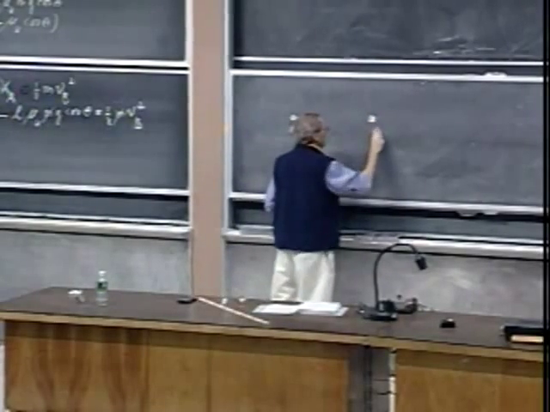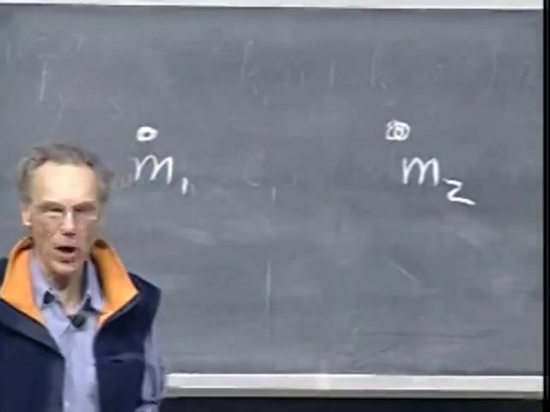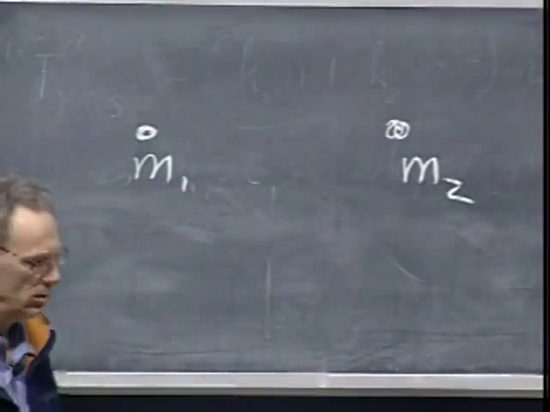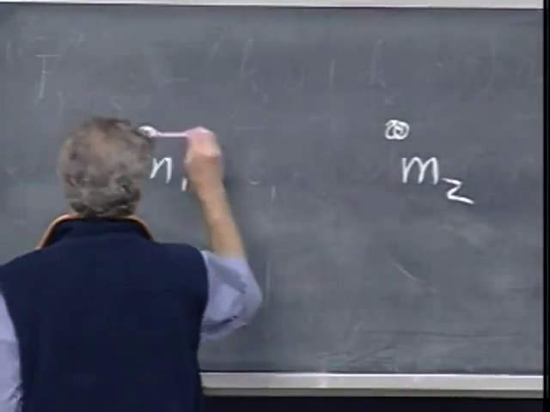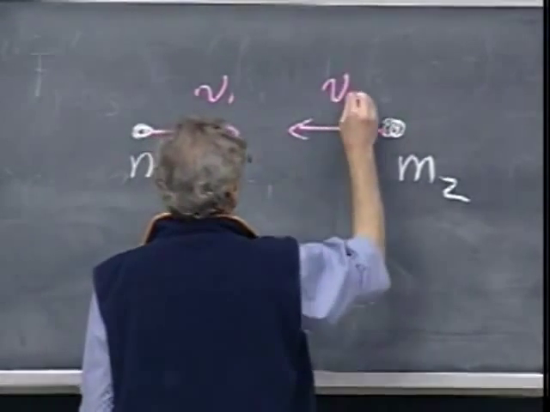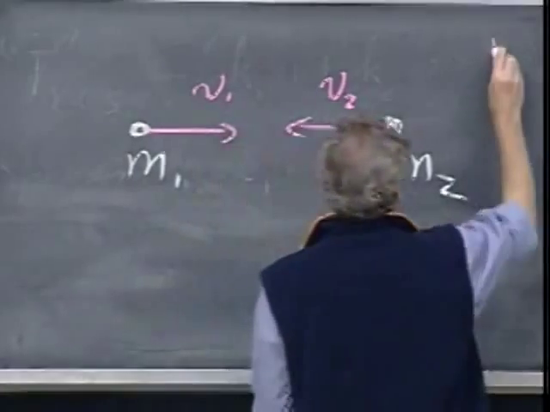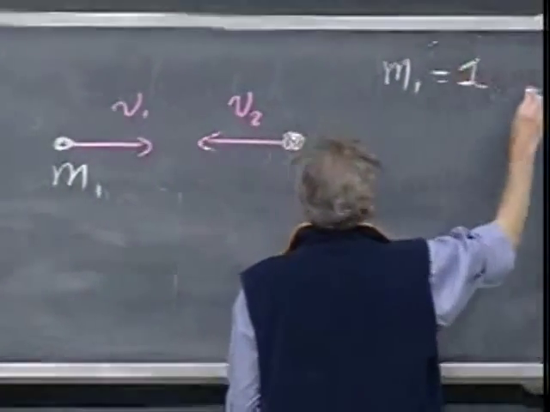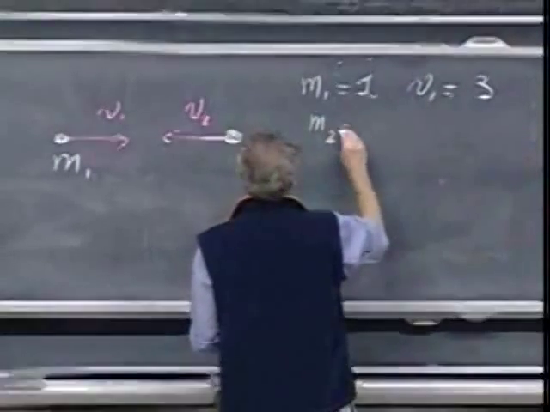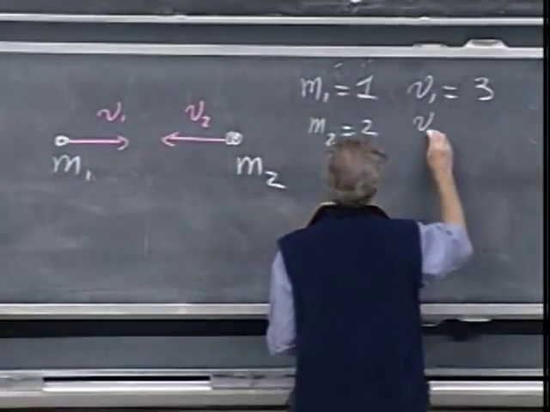Kinetic energy can be destroyed, but momentum cannot be destroyed in the absence of a net external force on the system as a whole. We have an object M1 here, speed V1, object M2, speed V2. Let's make it very simple. M1 is 1 kilogram, V1 is 3 meters per second, M2 is 2 kilograms, and V2 equals, I make this 5 meters per second, and I make this 3 meters per second.